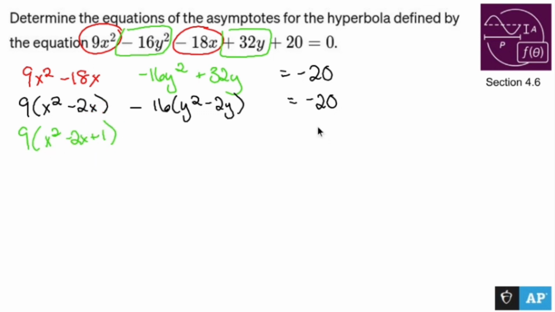I'm adding 9 to both sides. Why 9? Because inside the parentheses I'm adding 1, so if I were to distribute that, I would be adding 9. So I have to add 9 to both sides.